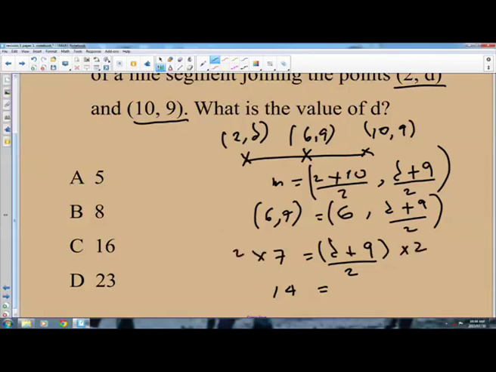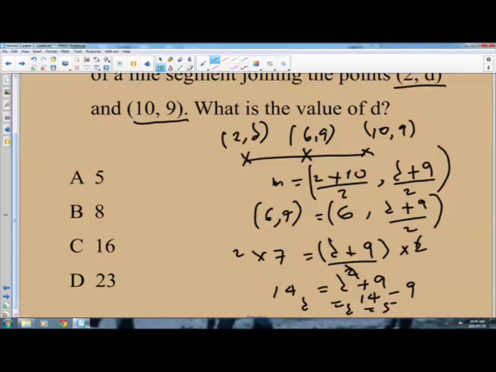Then this 2 cancels this one, and 14 will be equal to d plus 9, meaning d is equal to 14 minus 9. And what is 14 minus 9? 14 minus 9 is 5.